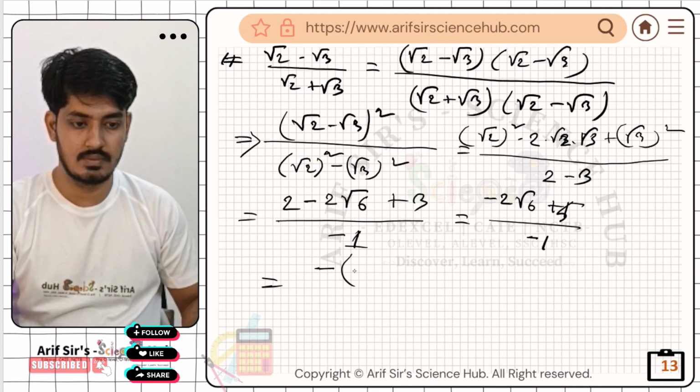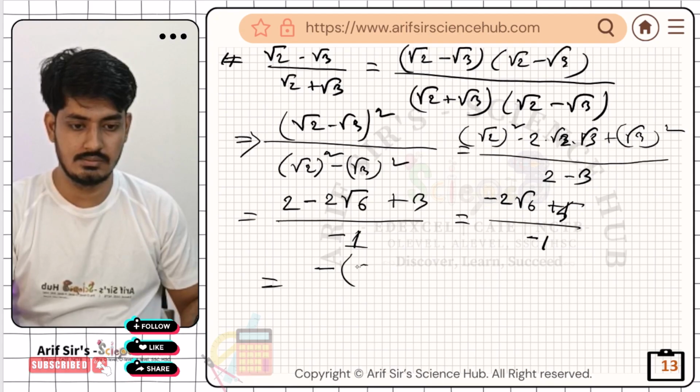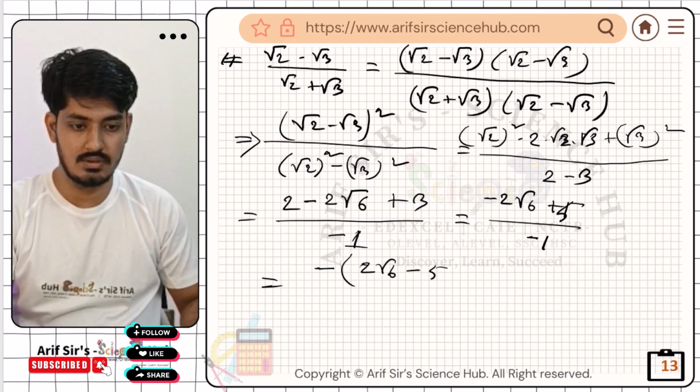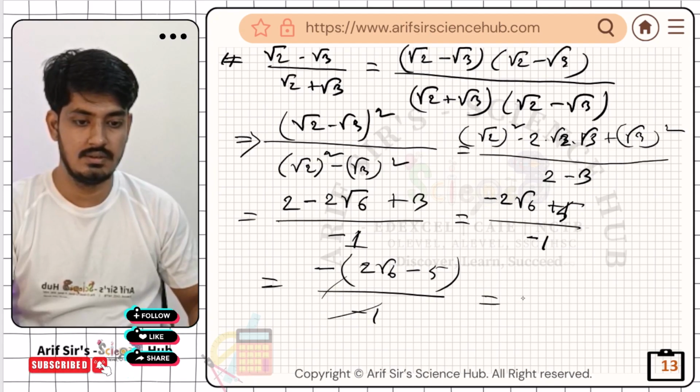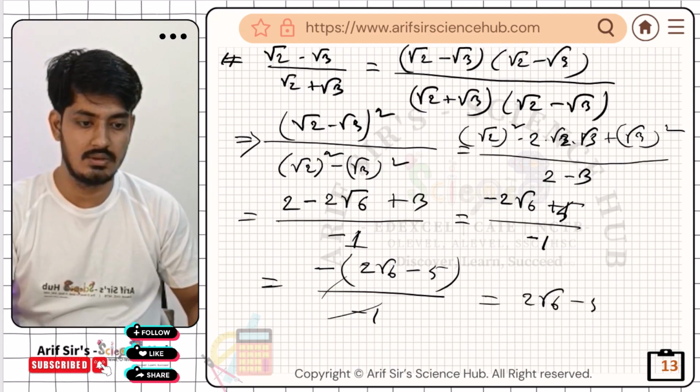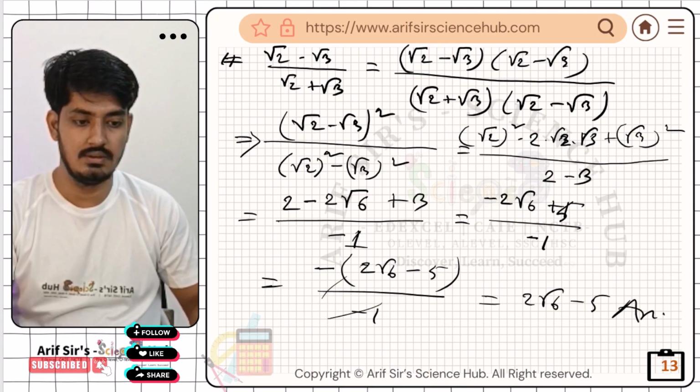Then we can easily write 2 root 6 minus 5 divided by minus 1. We can just easily divide this minus, and 2 root 6 minus 5 is the answer.